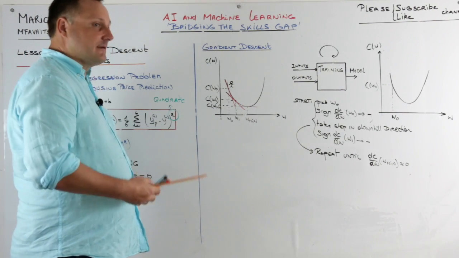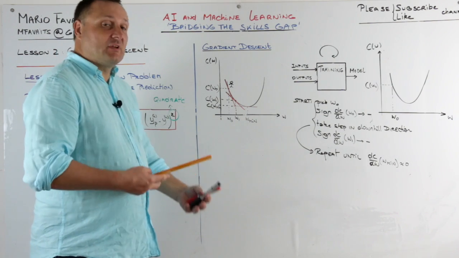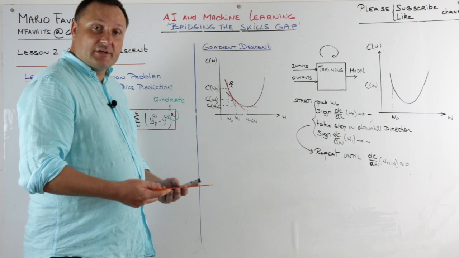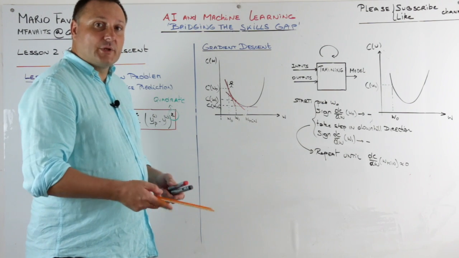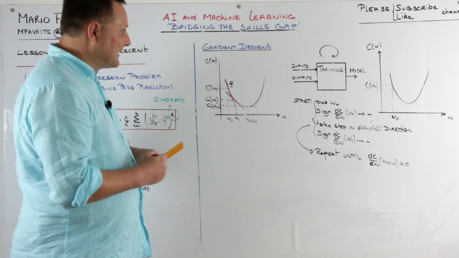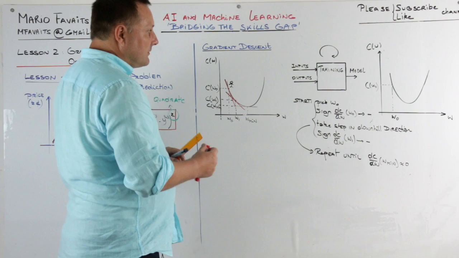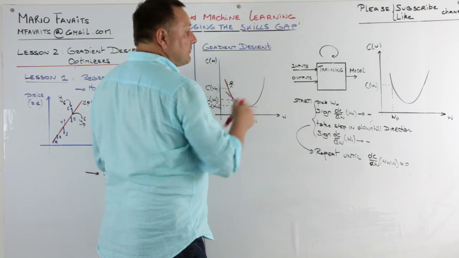Gradient descent is a man walking downhill. Every time you take a step, you calculate the derivative, and the sign of the derivative will guide you in terms of what direction you need to walk. So in general, oh, and here before I continue, remember this graph where we had inputs and outputs.